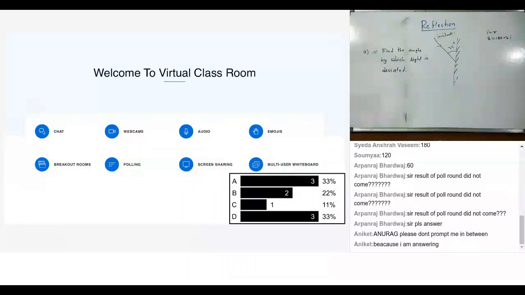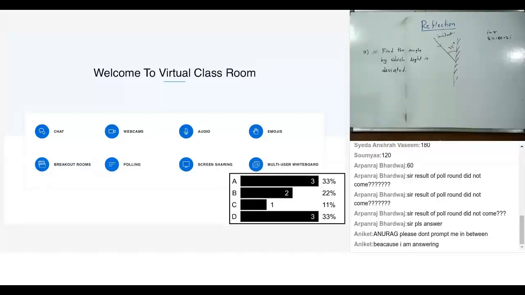Yeah, this is the result of the previous poll. So we had 33%, only 3 people got it right. So out of 9 people, 3 people got it right. You want me to give answers for this and then a poll? No, I want you to solve it and give me the answer. No poll for this case.